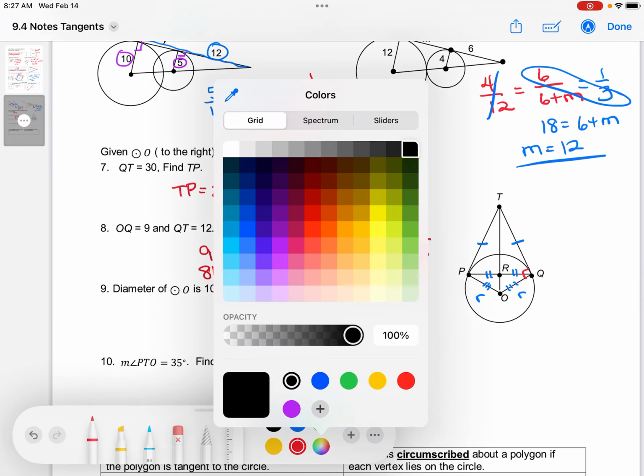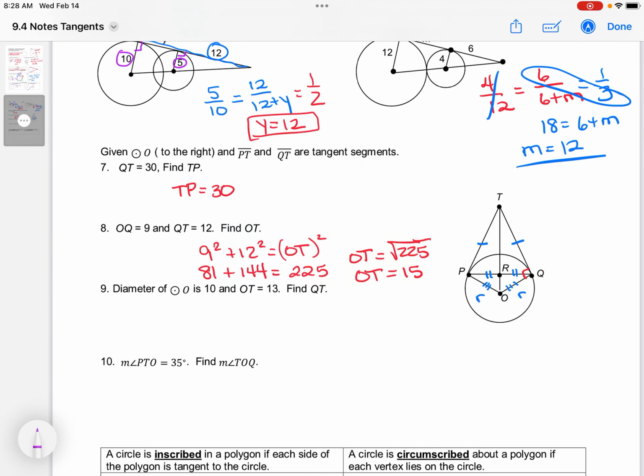Alrighty, the diameter of O is 10, so that means the radius is 5, right? And OT is 13.